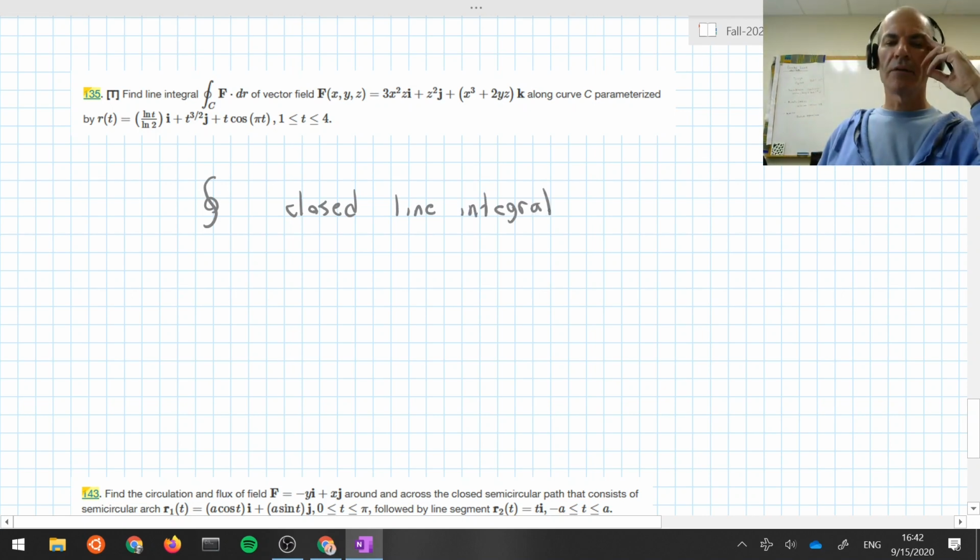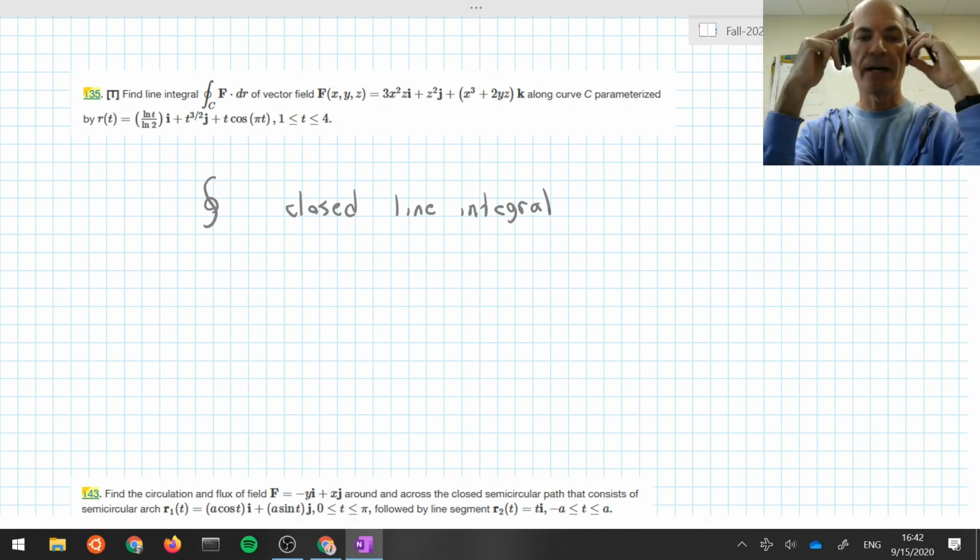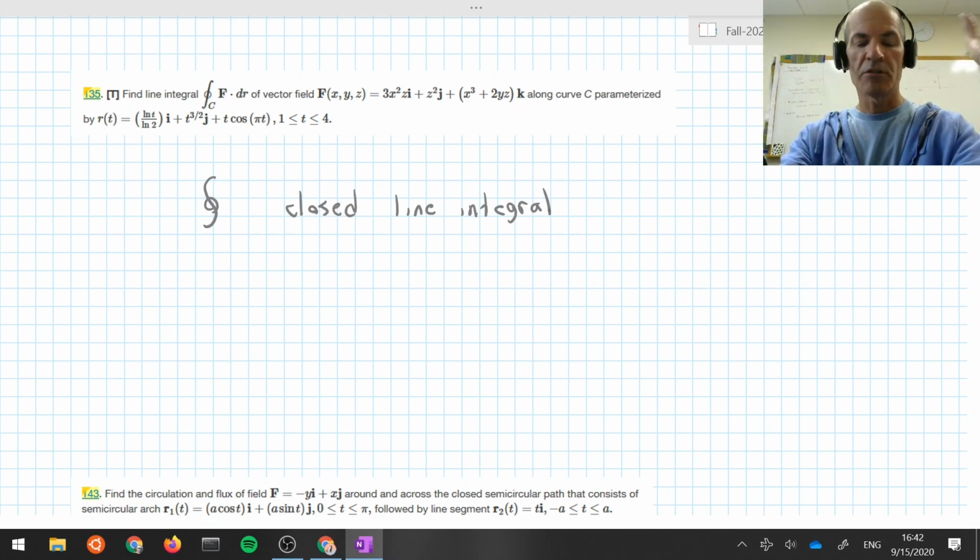It's telling the reader that this integral is along a curve that's a closed path. This is not a closed path. It is just kind of a space curve, and it has a start and an end, and they don't close in on each other.